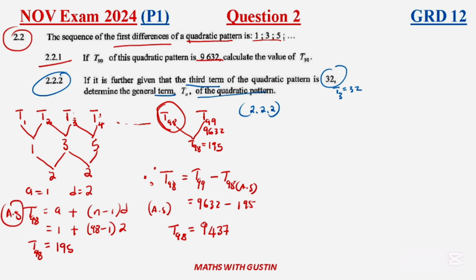So what you would do here, you already know that if you are given something like this with the pattern, if they said the third term is 32, then T1, T2, T3, this minus that will give us 1.